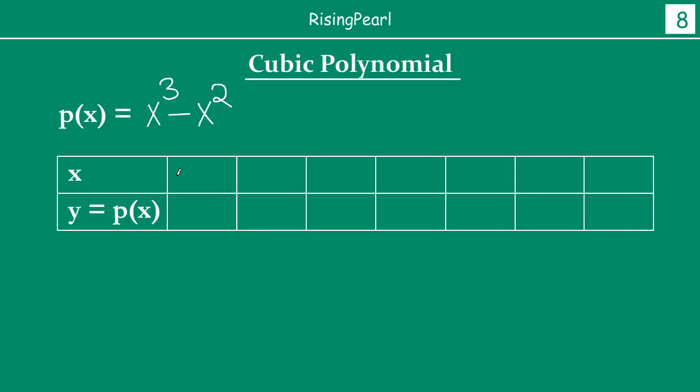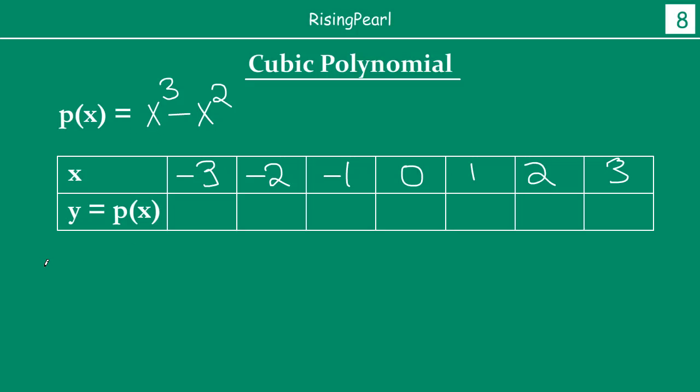Again, we are going to try out these values: -3, -2, -1, 0, 1, 2, and 3. We are going to try to find out for these 7 values of x what the corresponding values of y or p(x) are, and then draw the graph for this cubic polynomial.